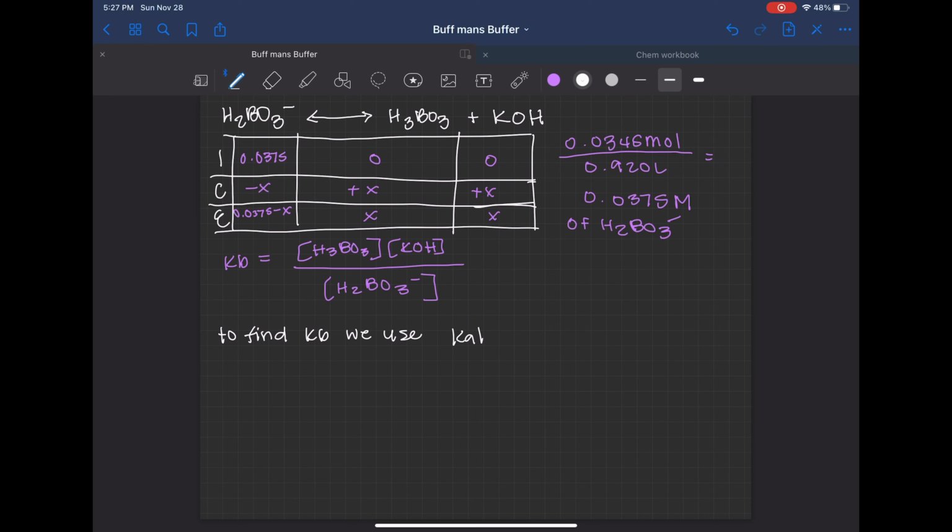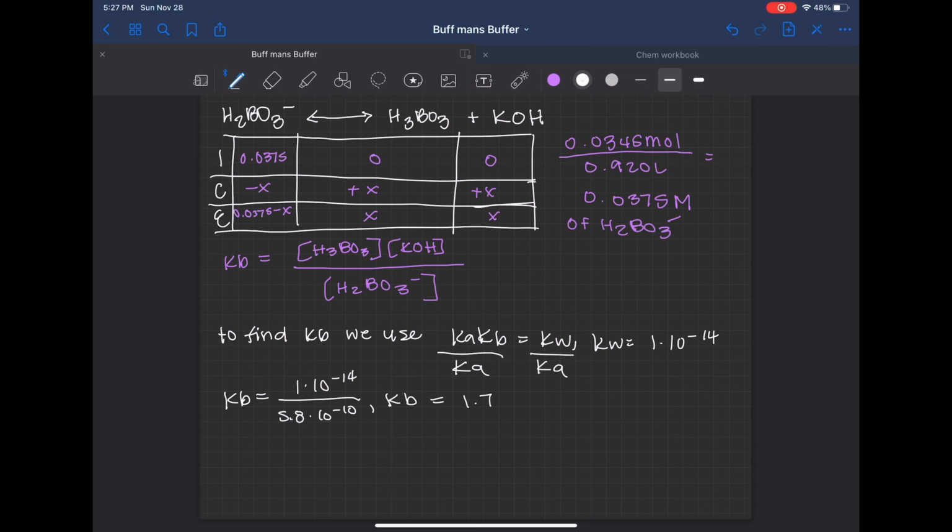So this will be Kb equals Kw over Ka. We'll use 1 times 10 to the negative 14th over our Ka, 5.8 times 10 to the negative 10th, and we'll get 1.72 times 10 to the negative 5th.